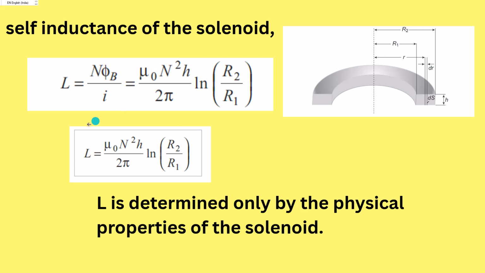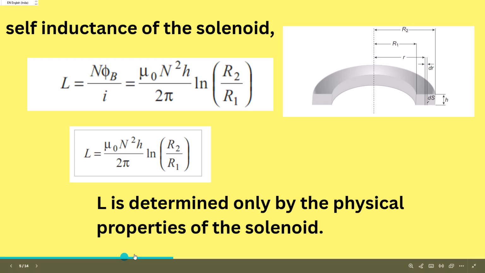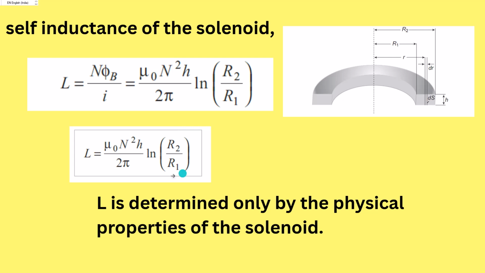So this is the final expression for the self inductance of the solenoid. Now this L is determined only by the physical properties of the solenoid. There is no expression for the current, right? So this is a constant, and it depends on the dimensions of the solenoid.